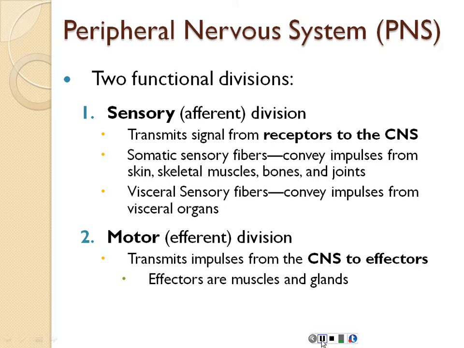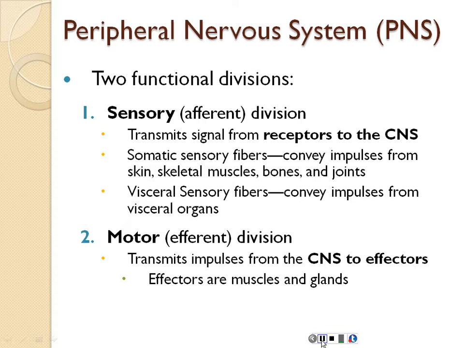And then you have the motor division, just the word motor. If you think of anything having to do with the body that says motor, something should jump out at you. Movement. Okay, so movement of the body involves what? What are the main things of the body that control movement? Muscles. So the motor division has to do with signals to muscles.